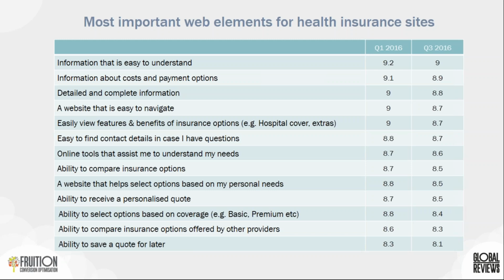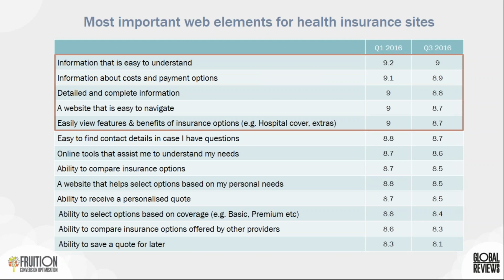If we look at what the most important elements are for health insurance websites, we can see that for the last 2 runs that we've had, the top ones are information that's easy to understand, information about cost and payment options, detailed and complete information. Again, I think this is about the appropriate level of information at the appropriate times, so that progressive revelation of information.